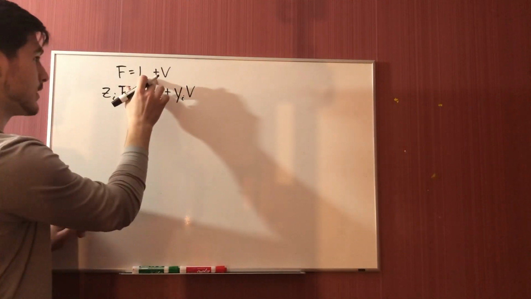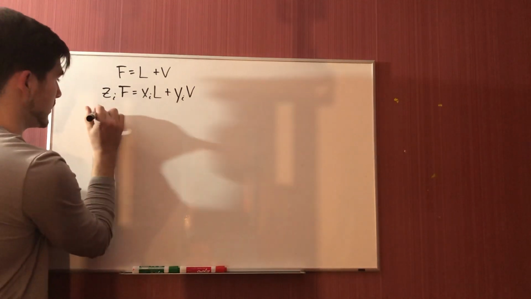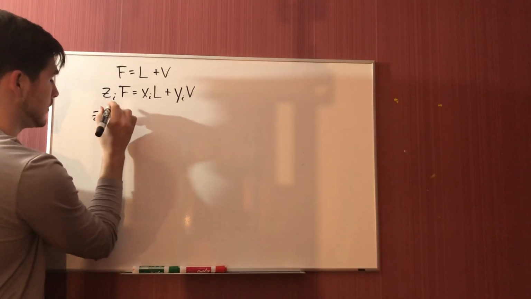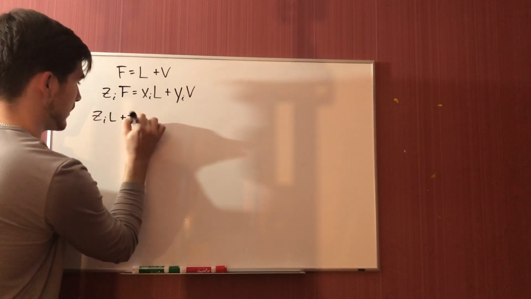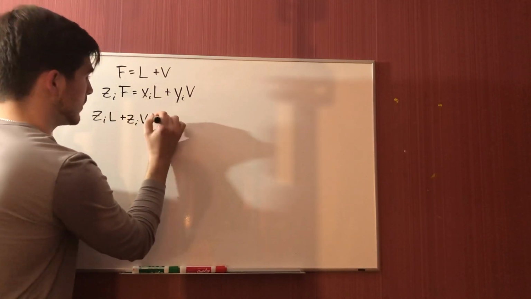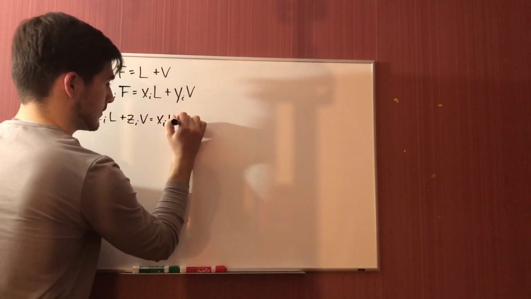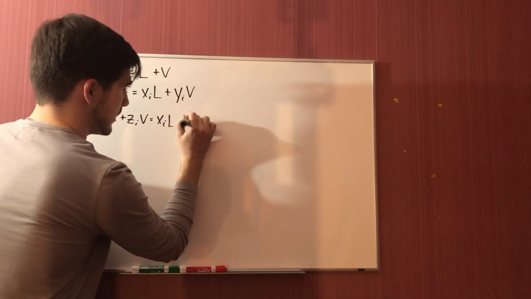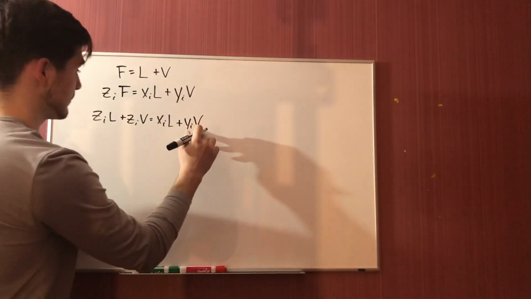Well, from here we can sub in L plus V for F and then distribute, and we get the percentage of I times the total liquid plus the percentage of I times the total vapor, and that is equal to its liquid molar ratio times the total liquid plus the vapor molar ratio times the total vapor in the system.